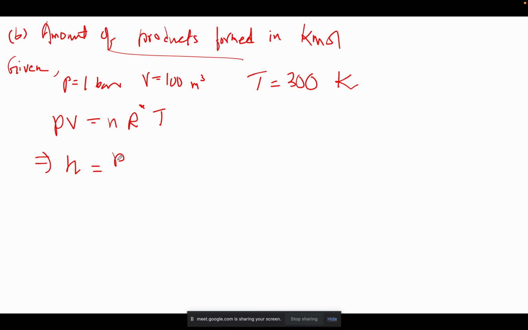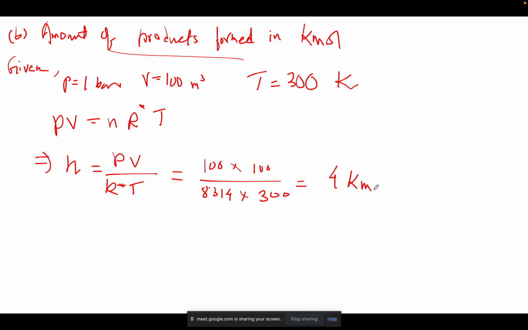Okay, so P is 100 kilopascal, volume is 100, R star is 8.314, and your temperature is 300. So you'll get this one as 4 kilomole.